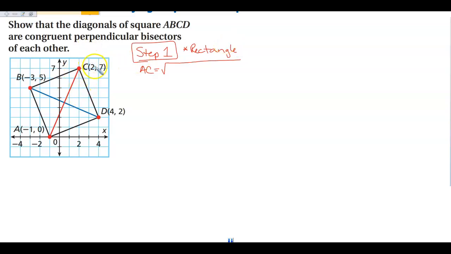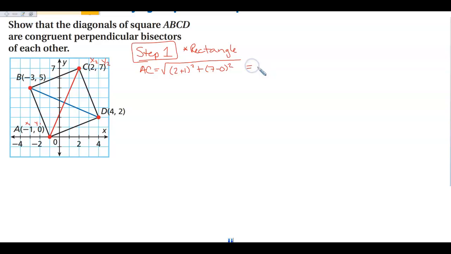I'm going to call this one x1, y1 and x2, y2. So I'm going to have x2 minus x1, so 2 minus a negative 1, quantity squared, plus y2 minus y1, so 7 minus 0, quantity squared.